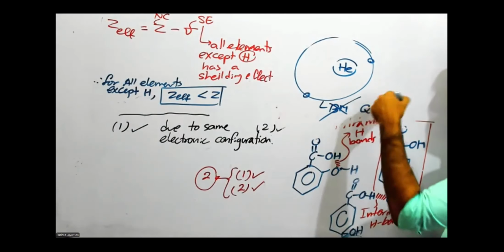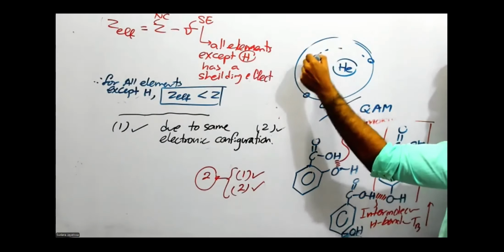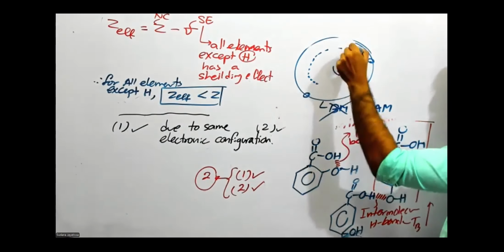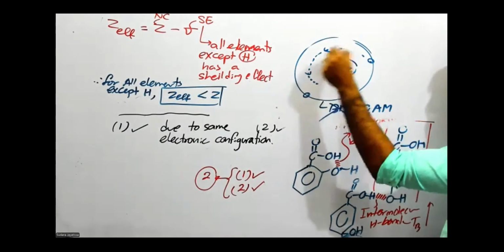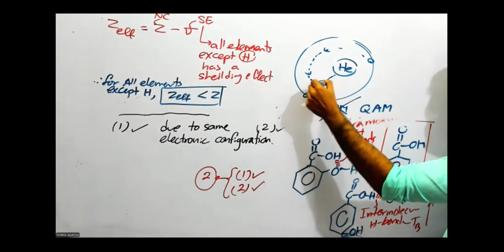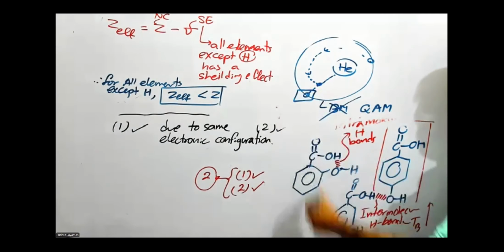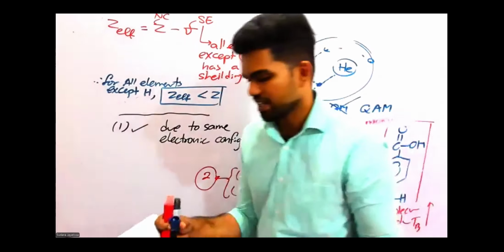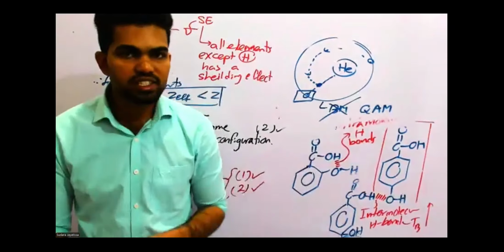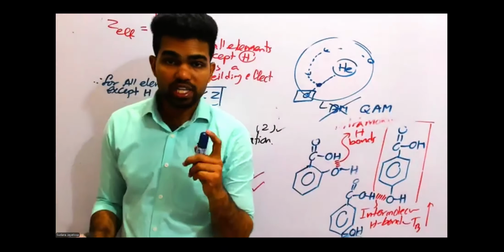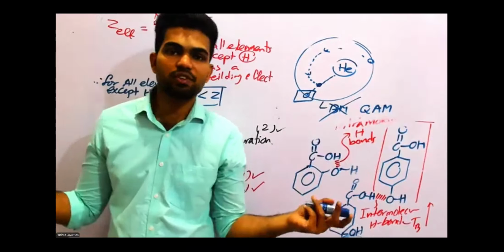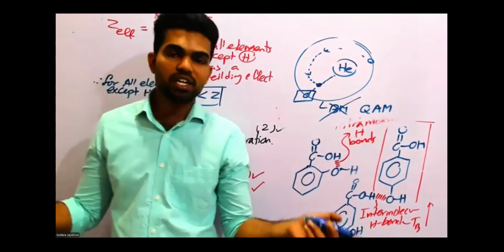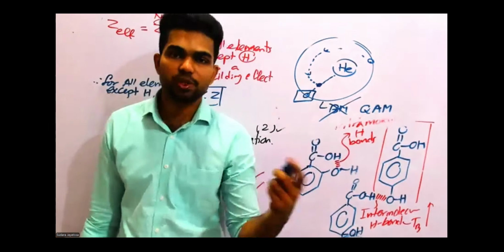According to that, electron location is random, uncertain. So what if this electron comes all the way up to here and exists between the nucleus and the considered electron? Then there will be a shielding effect, no? So that's why in any multi-electron system, there is a shielding effect. But for hydrogen, you don't have any shielding effect because hydrogen has only one electron. For others, you have a shielding effect.